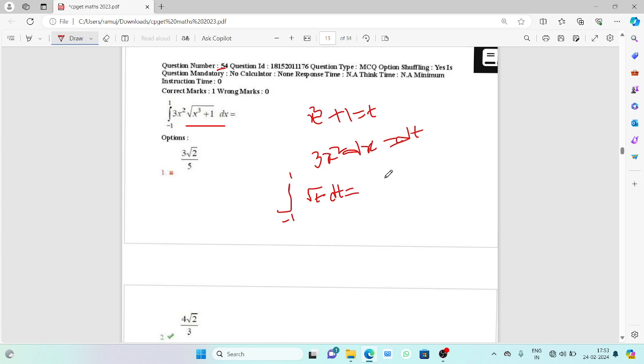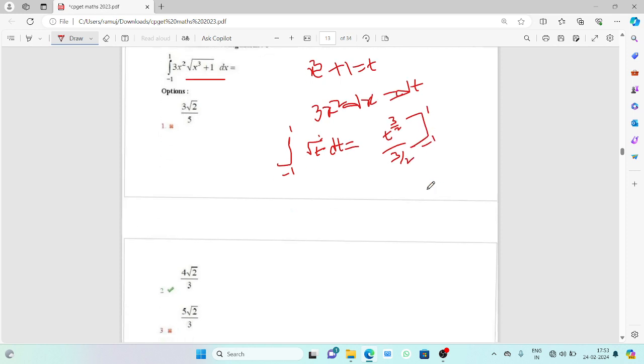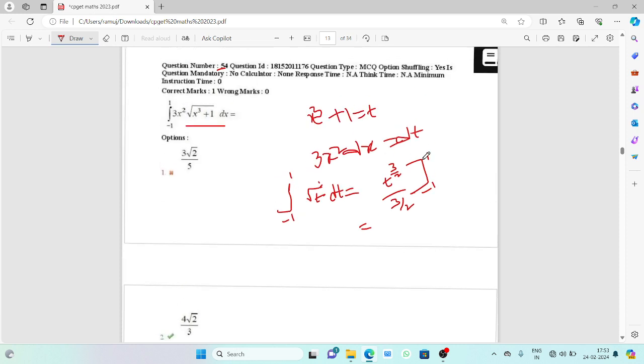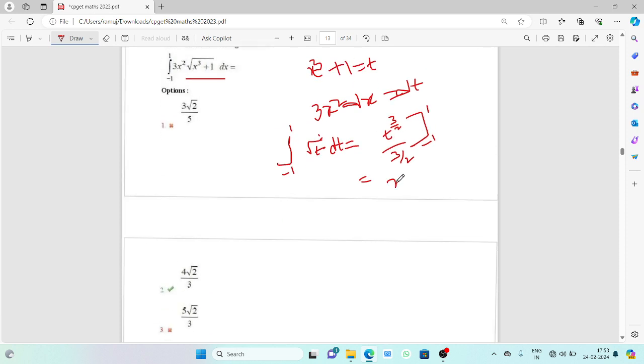So here we get t power 3 by 2 divided by 3 by 2, limits minus 1 to 1. Since we are not changing the limits, we have to substitute the value of t here. So we get x cube plus 1 power 3 by 2 divided by 3 by 2, limits from minus 1 to 1.